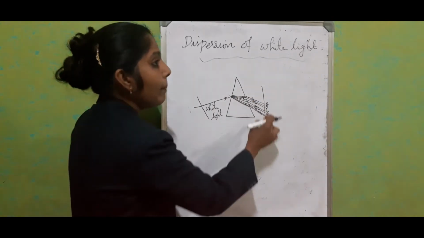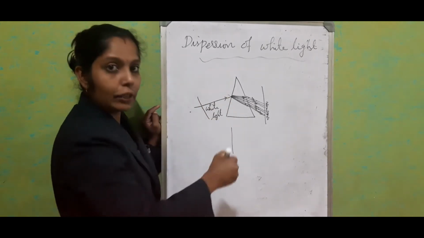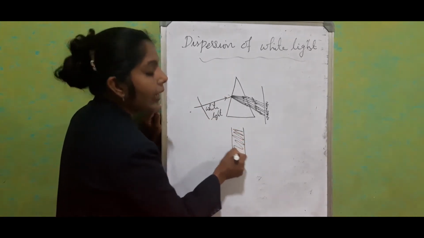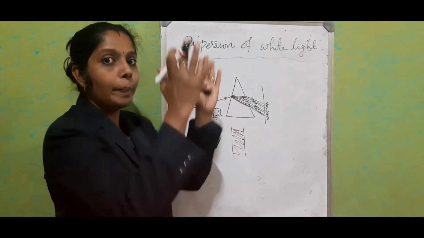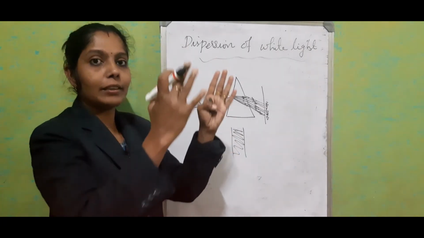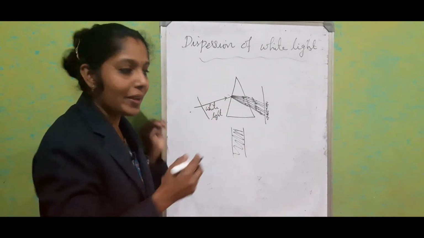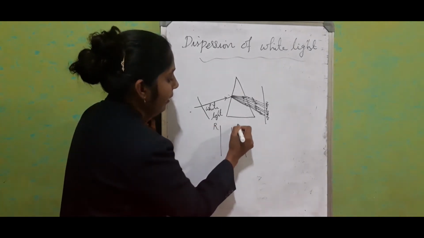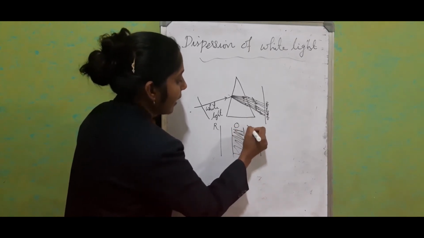It's a band of colors. What is meant by a band? It's not a single line, it's a band of colors, and there is no particular boundary, like how we keep a boundary for our house. Consider this is red, this is orange and this is yellow.